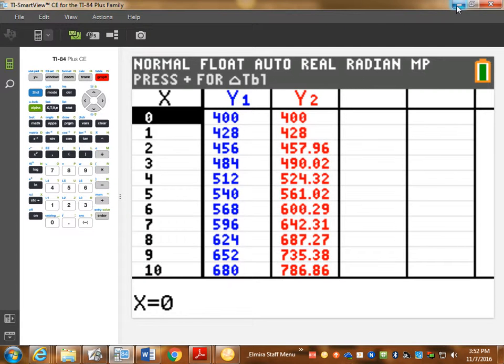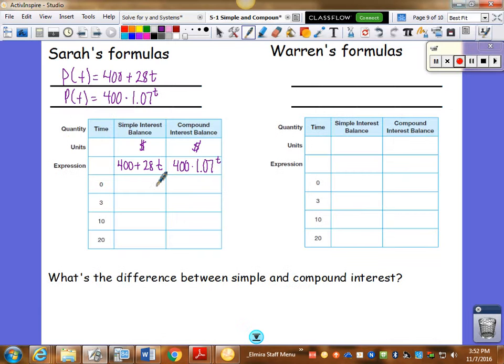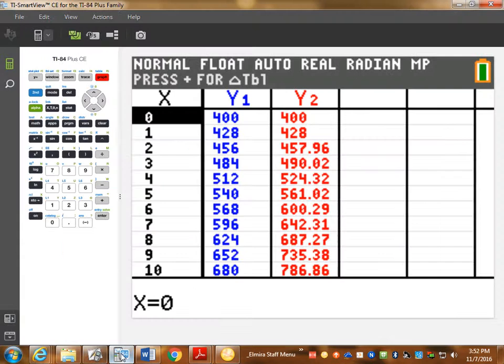So 0 is 400. No matter how you're calculating your interest, you start out with $400 no matter which formula you're using. Then it wants you to look at row 3.